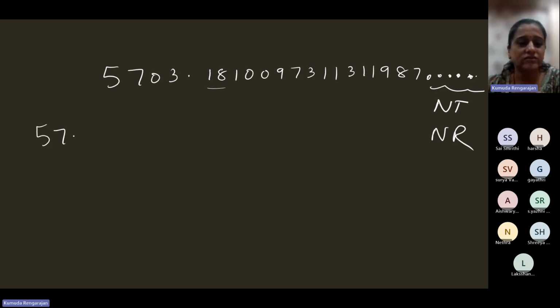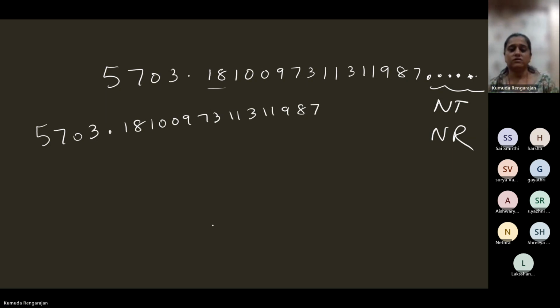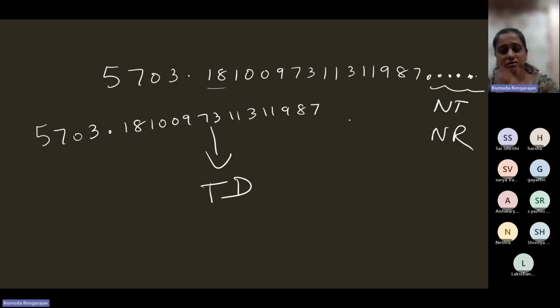See, if we write 5703.1810097311311987 and stop like this, this one is a terminating decimal because it ends here. That's all. Terminating decimal.